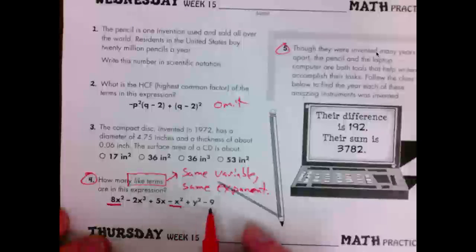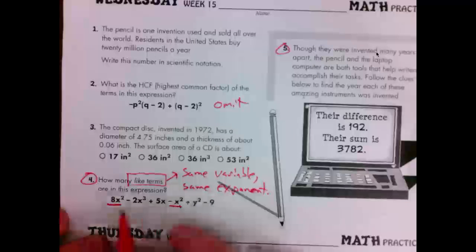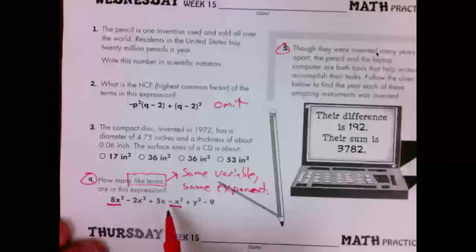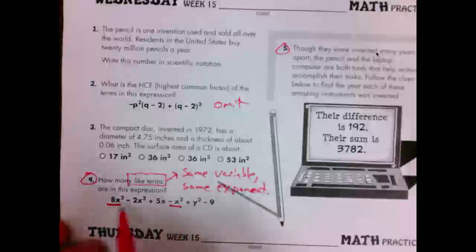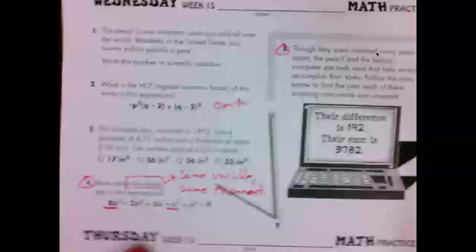X is not like anything else. Y squared is not like anything else. There is no other y term at all. In the constant 9, there are no other constants. So the only two like terms are 8x squared and minus x squared. These are the only two like terms. All right.